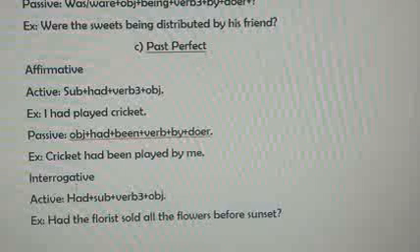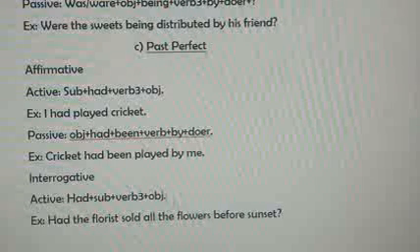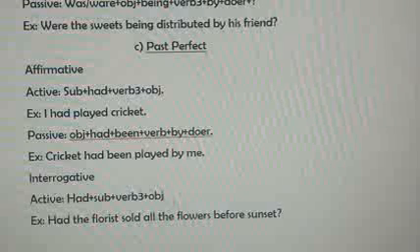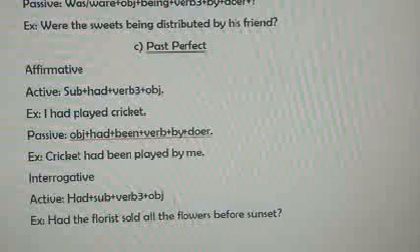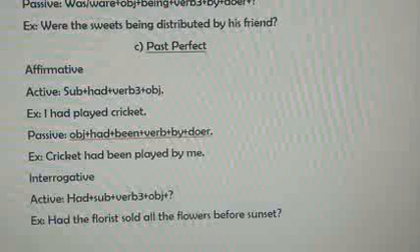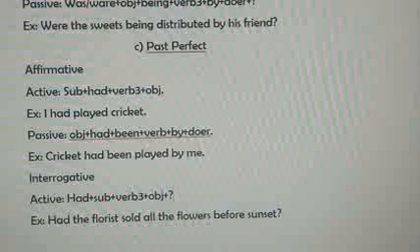Before the sunset? Okay, my dear children, in the interrogative group, the punctuation mark will always be the sign of interrogation. Okay, now my example is, had the florist sold all the flowers before sunset?